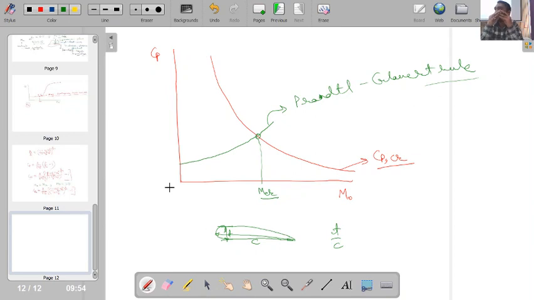Upon increasing the thickness, our Cp value will increase. So your curve will shift something like this. If more thickness, then the curve will shift like this. So it means that when you are increasing the thickness of the aerofoil, your critical Mach number is going down.